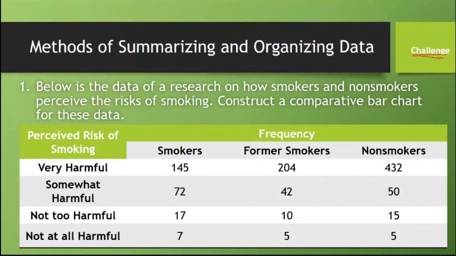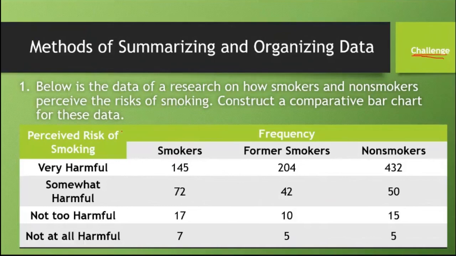Now, where will you be submitting your answer for the challenge? You have data below for smokers. Here's a research on how smokers and non-smokers perceive the risk of smoking. Construct a comparative bar chart for these data.